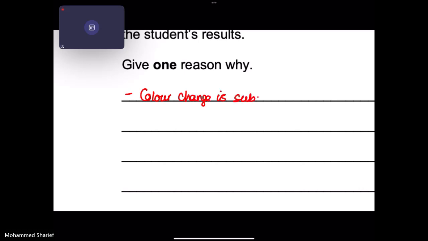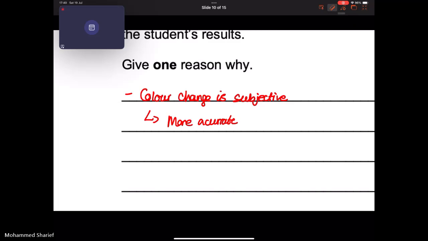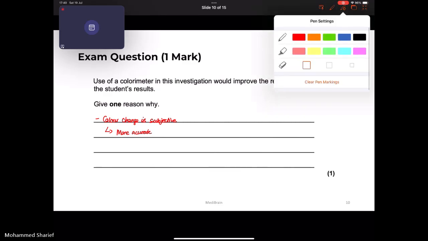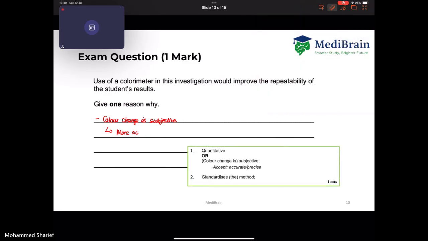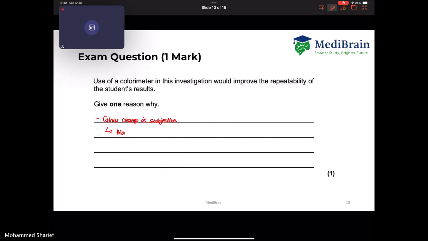Because color change is subjective, the colorimeter gives you a quantity, a more precise answer. It will get you a more accurate answer.